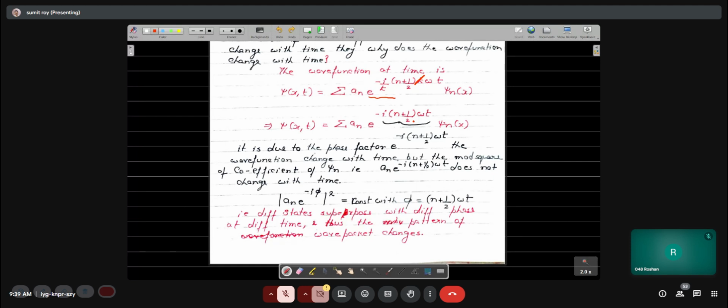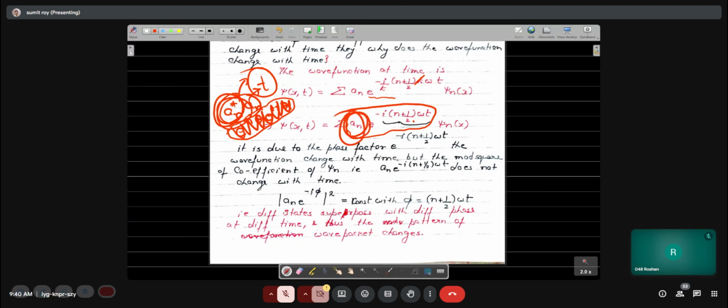But the mod square of the coefficient, इस कोफिशिएंट के मॉड का स्क्वायर जब करोगे तो an conjugate into an, और फिर e to the power minus iθ into e to the power plus iθ. मॉड का स्क्वायर बोल रहा है. ये दोनों मिलके कितना हो जाएगा? 1. तो ये फेज का फैक्टर मॉड स्क्वायर में हट गया, जो कोफिशिएंट an को इंडिपेंडेंट बना दिया. किससे? टाइम से. अगर वो टाइम से इंडिपेंडेंट हो गया तो प्रोबेबिलिटी टाइम से इंडिपेंडेंट हो गया. Yes, sir.